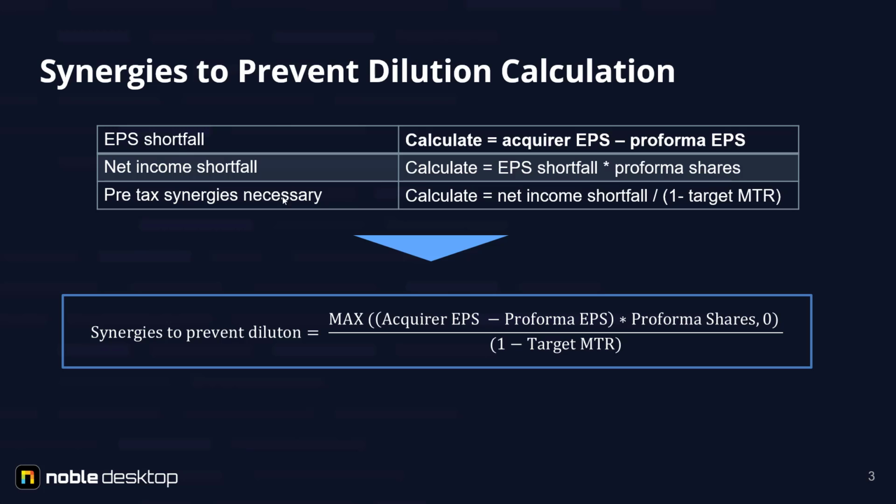And then calculate pre-tax synergies necessary by taking net income shortfall and dividing it by 1 minus target marginal tax rate. Or a shorter formula for the synergies to prevent dilution calculation would be the MAX formula in Excel that is listed here. Let's go ahead and see an example of the synergies to prevent dilution calculation in the spreadsheet.